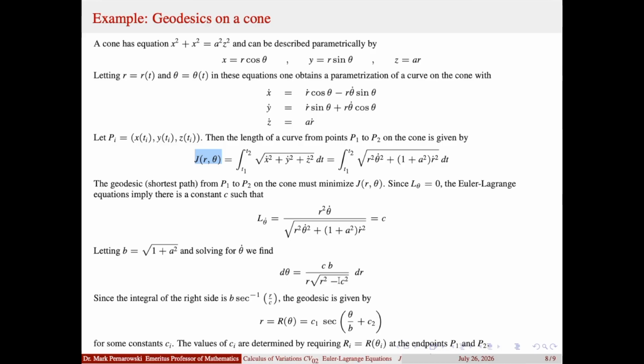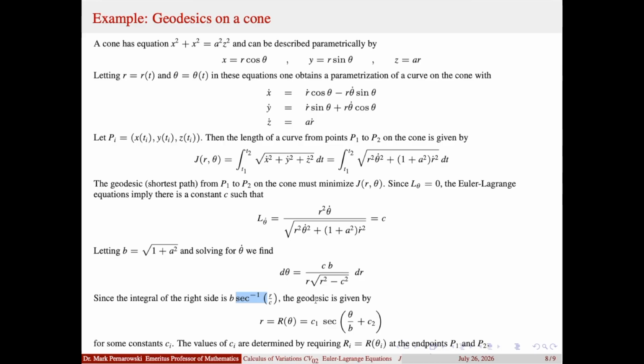That integral can be done. Integrate this thing in theta, that'll be theta plus a constant. Integrate this thing in r, that will give me this b arcsine, secant inverse of r over c. You can look in tables, that's what happens.